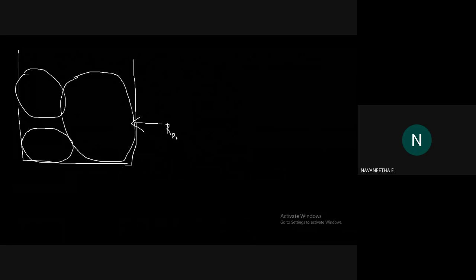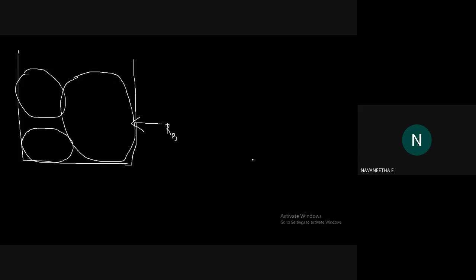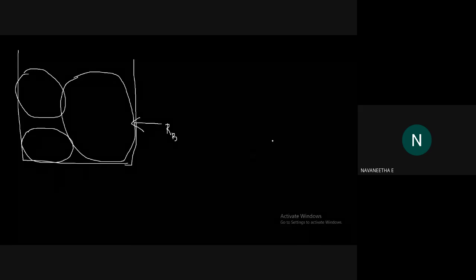You need to find out the reaction between the vertical wall and ball B. So this is RB. You need to find out RB. Also, it is given that the radius of B is 120, C is 100 and A is 80. And the weights of all three cylinders are 30 Newton, 80 Newton and 40 Newton respectively.